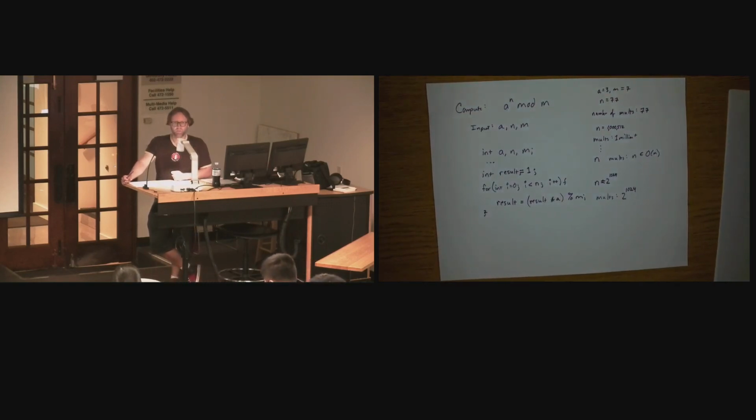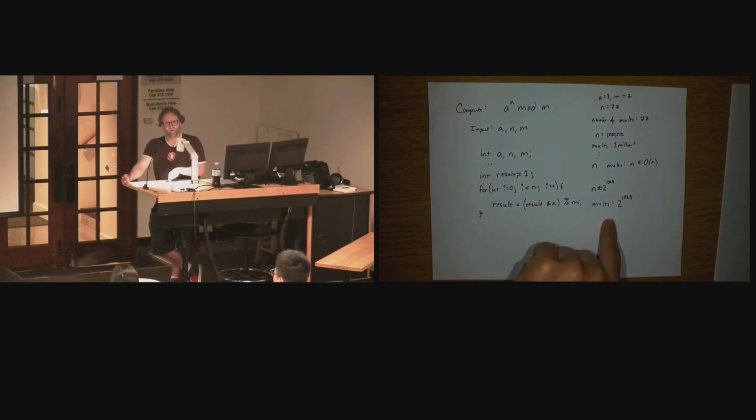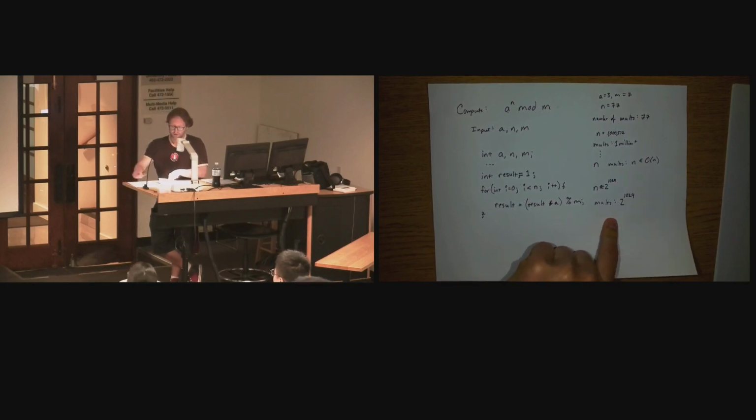Did anybody ever look up how many atoms are in the observable universe? I think it's 2 to the 100. So we're doing 10 universes of computation here. Do you think that that's going to actually execute? No. Not in your lifetime, not in 10 universes' lifetimes.